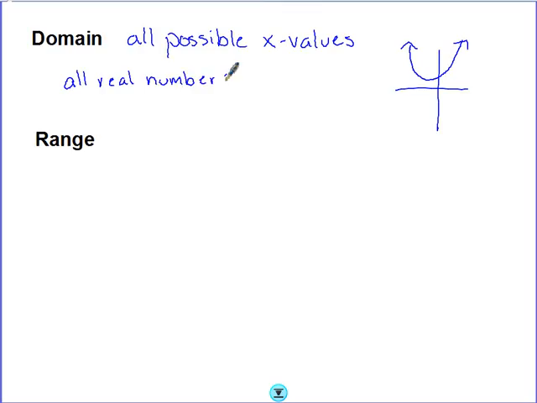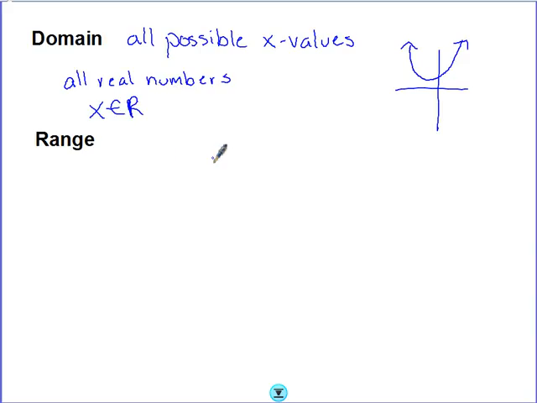Okay, and there's also two ways that you could see it written. We could say that x is an element of the real numbers, and that's what that means. X is an element of the real numbers, so all real numbers. So you could see it written this way, and you could write your answer this way.